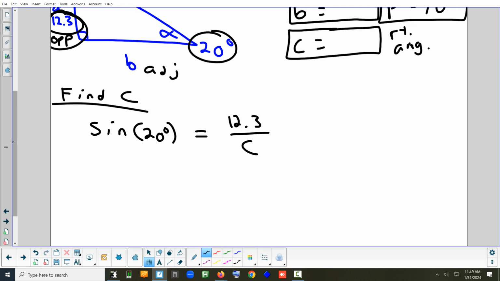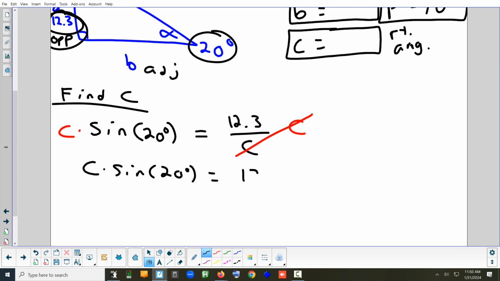Okay, a little bit different because now the variable is in the bottom. When the variable is in the bottom, the first thing we do is multiply both sides by C. What that does is it cancels it from there and puts it over there. So now we have C times the sine of 20 equals 12.3.